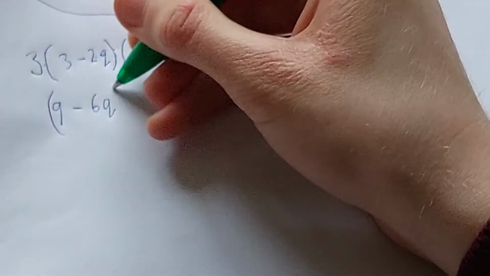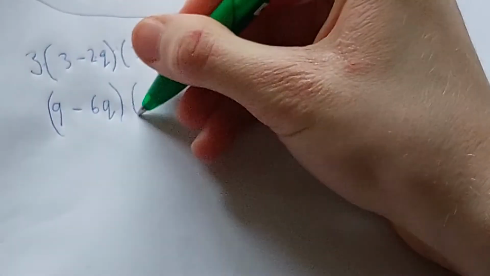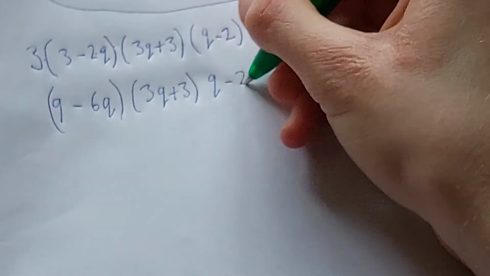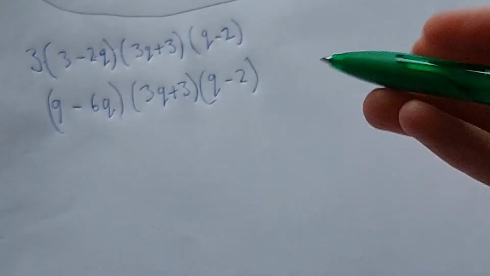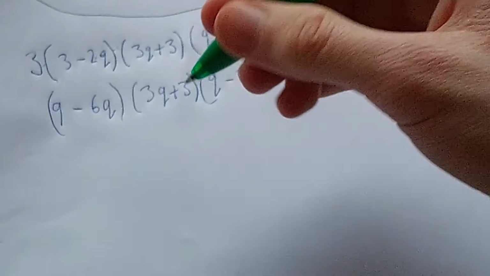And then we put it back in brackets because that's been expanded, but it's not obviously fully expanded yet. And then we write 3q plus 3, and q minus 2, as this is the triple bracket. Now we can expand like we did in the first question.